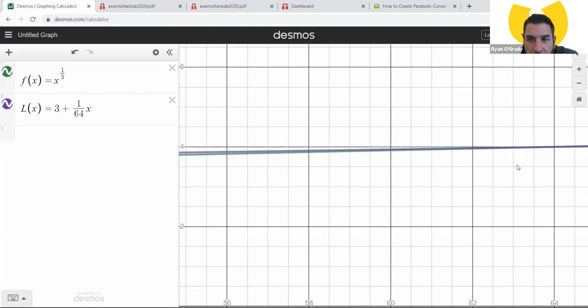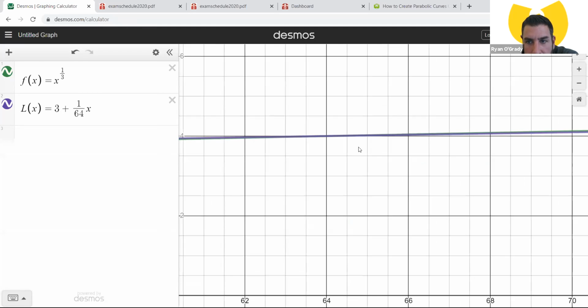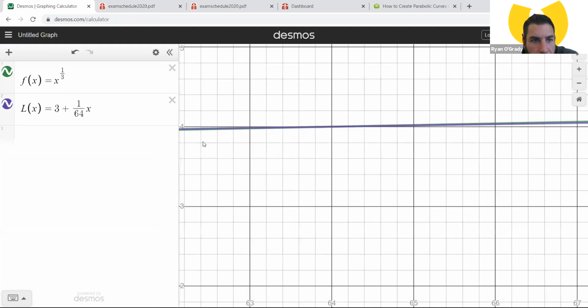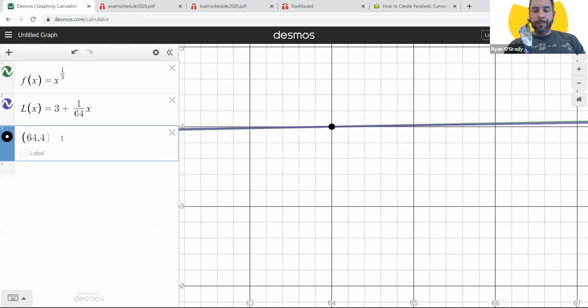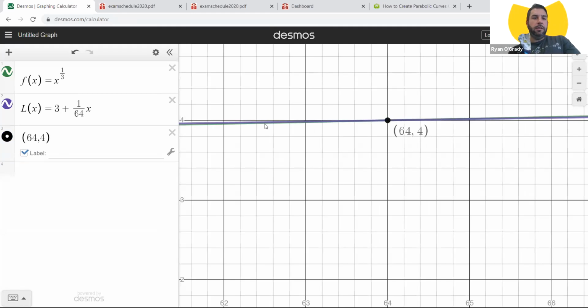So here's an interesting thing to think about. Let's come out here. So notice the green line. Something happens out here that we should be paying attention to. If I put the point 64, 4, one of the things we note here that should be concerning to us is the purple line is our tangent line.